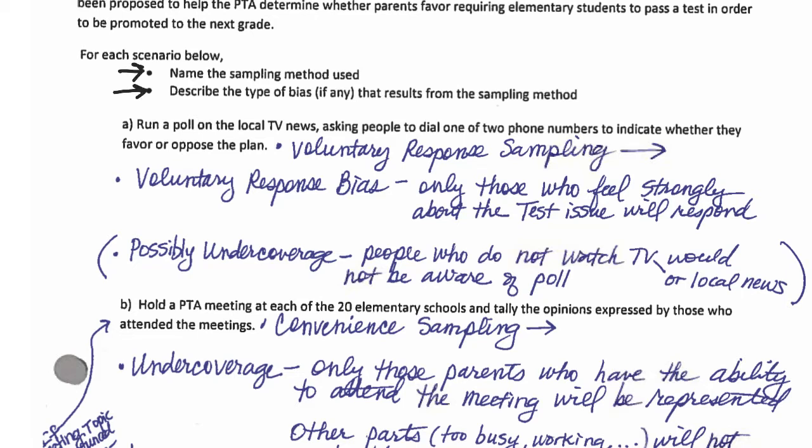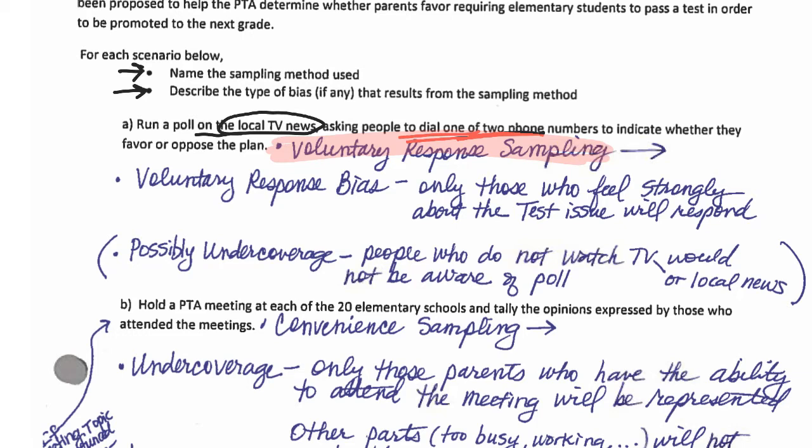So the first thing is similar to the first one we had on the homework. This time they run a poll on the local TV news asking people to actively dial in. That, of course, is your voluntary response sampling, because people are having to take action to place themselves as a subject of the sample.